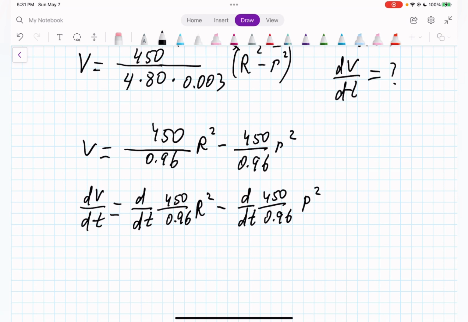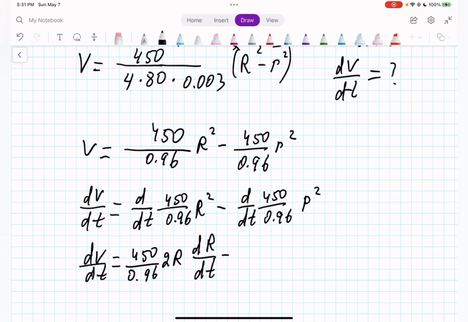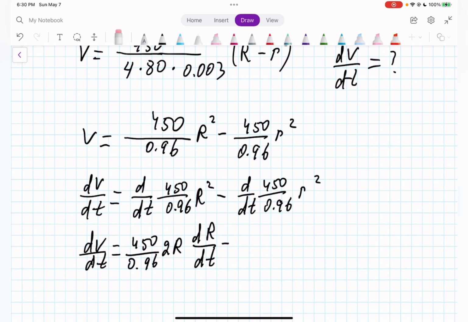Okay, so therefore, what do we get here? dV by dt is equal to 450 over 0.96, and the r squared derivative is going to be 2r, right? And then the derivative of r, and minus 0, because uppercase R is accepted as a constant.